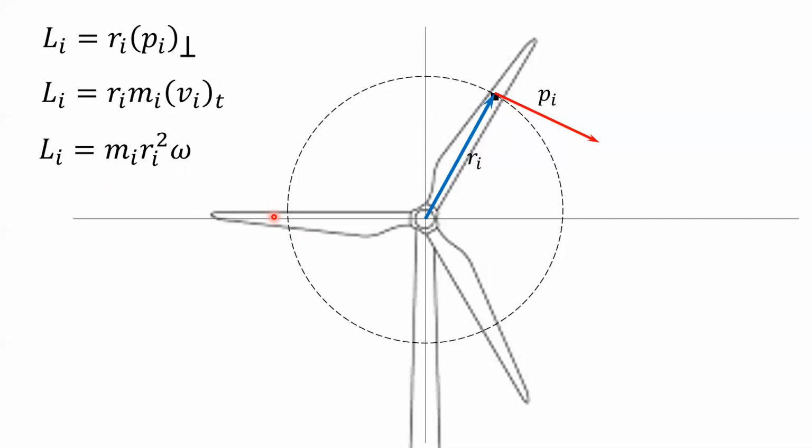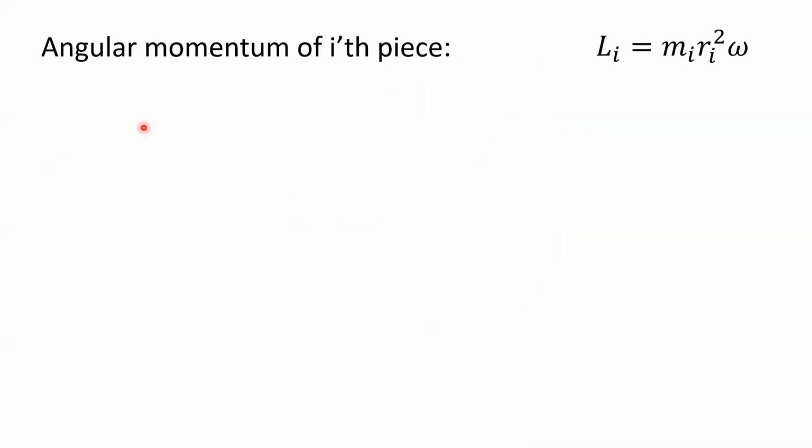So since the L vectors of each individual particle all point in the same direction, then to get the total angular momentum associated with the motion of this entire turbine, all we have to do is add those quantities up. Okay, so again, here's the angular momentum of the ith piece, L sub i.